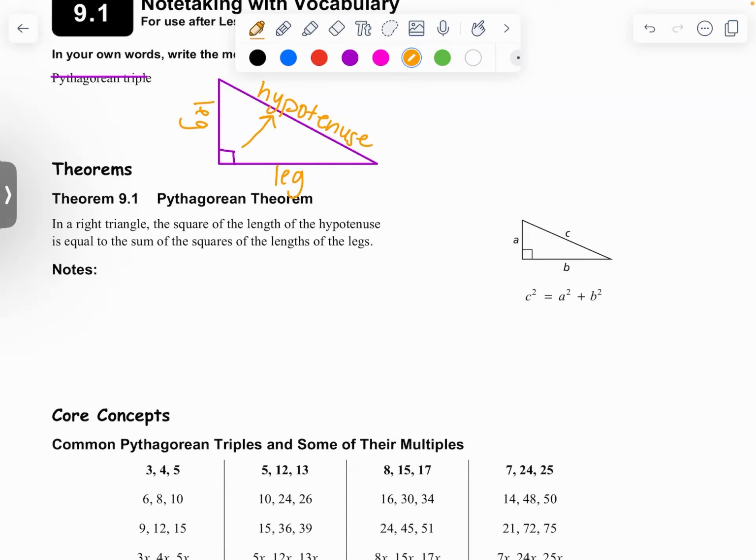Now, we've talked about the Pythagorean theorem before. Our legs we're going to label as A and B. Our hypotenuse we label as C. And then the Pythagorean theorem is this right here: A squared plus B squared equals C squared.